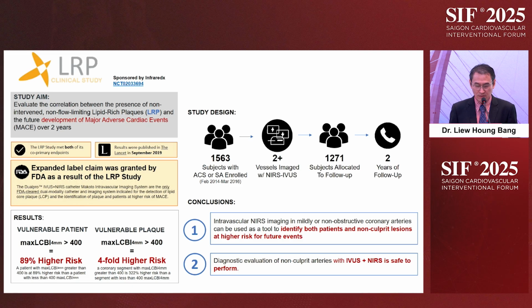And what we learn here is when the plaque is very high in burden, there's an index called the Lipid Core Burden Index, or LCBI, and it gives us, automated, where it is the highest in a pullback in any adjacent 4 millimeter. So it's called LCBI 4 millimeter. When we have a value of more than 400, that segment is correlated to an 89% higher risk, or 4-fold risk, of a MACE event.